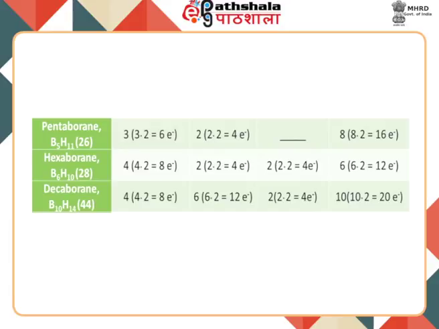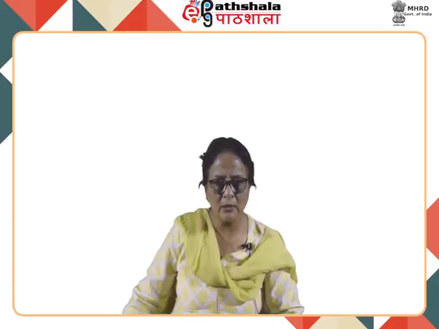To summarize, it is assumed that boron atoms in B2H6 are sp3 hybridized and they form simple 2 center 2 electron bonds to their terminal hydrogens.